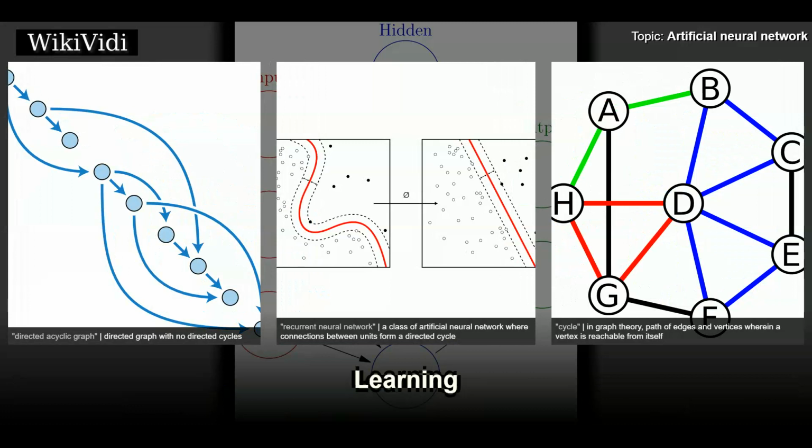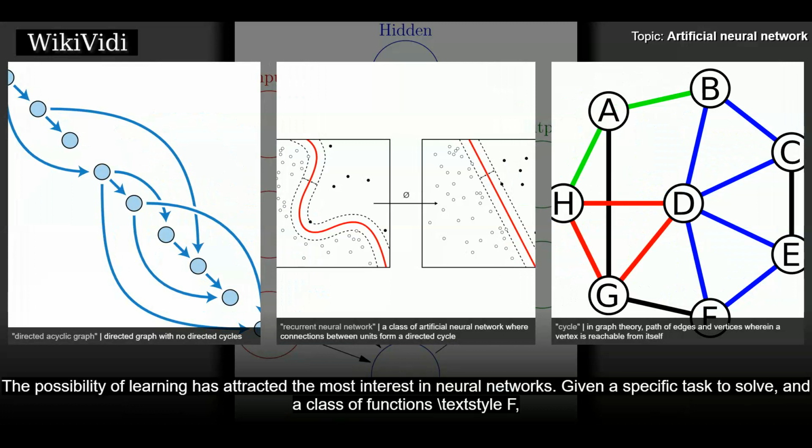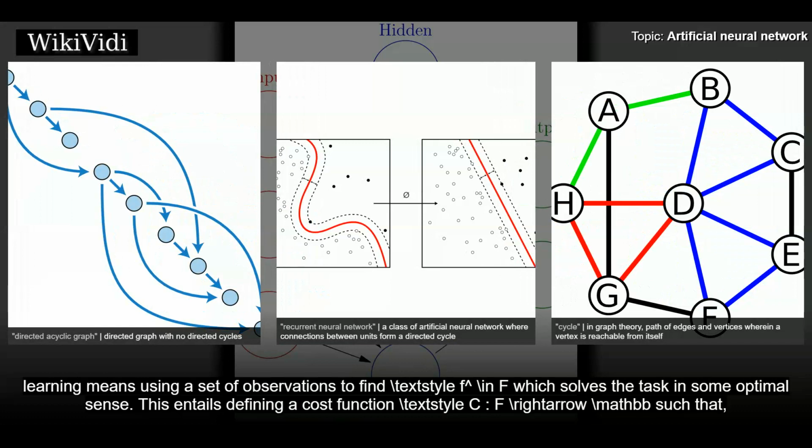Learning. The possibility of learning has attracted the most interest in neural networks. Given a specific task to solve, and a class of functions F, learning means using a set of observations to find f* ∈ F which solves the task in some optimal sense.